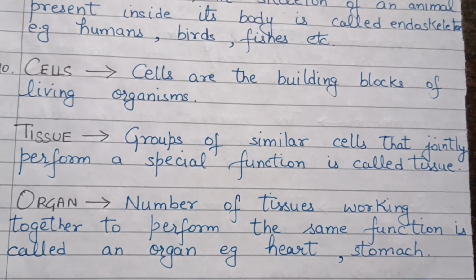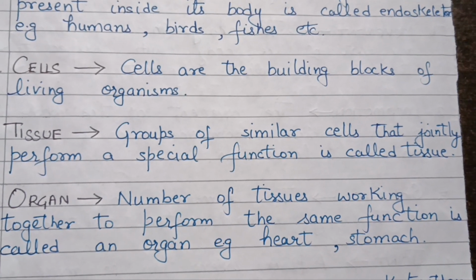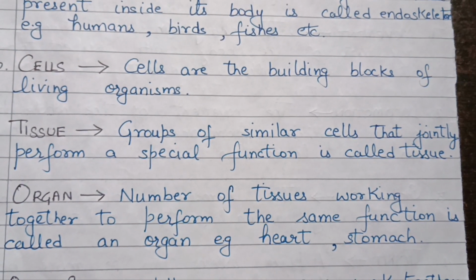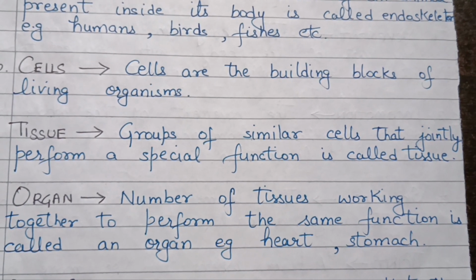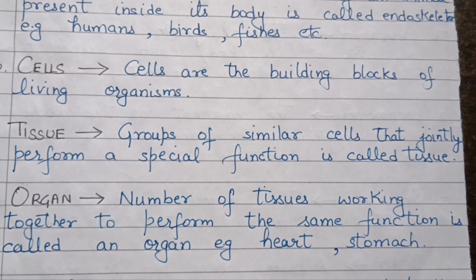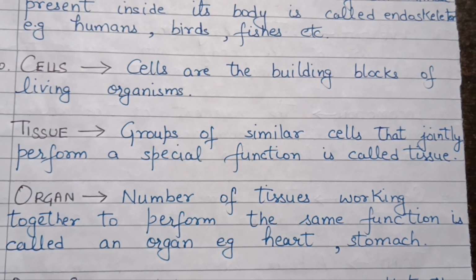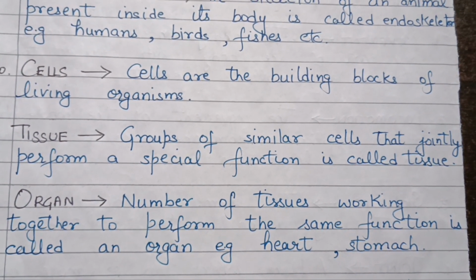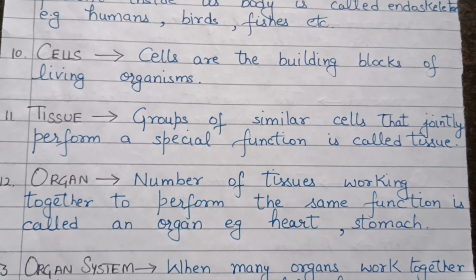Next, organ. Now many tissues together they form an organ. Definition is number of tissues working together to perform the same function is called an organ. For example, heart, stomach, kidneys, liver, all these are organs.